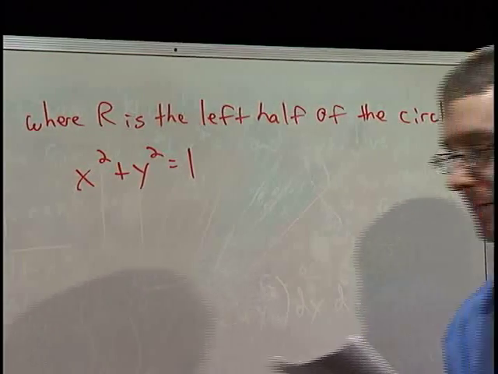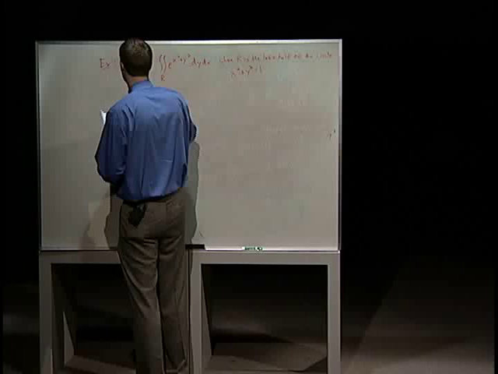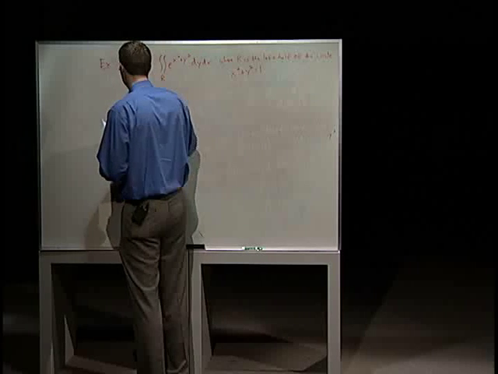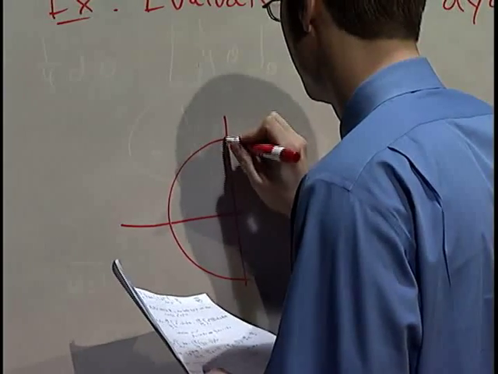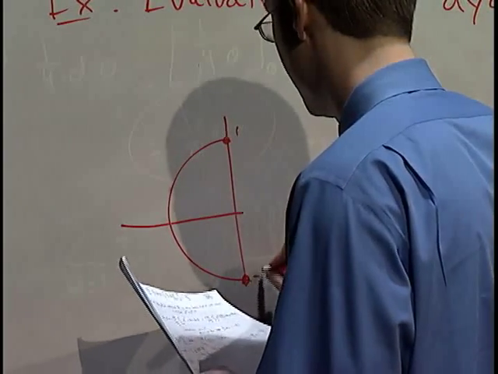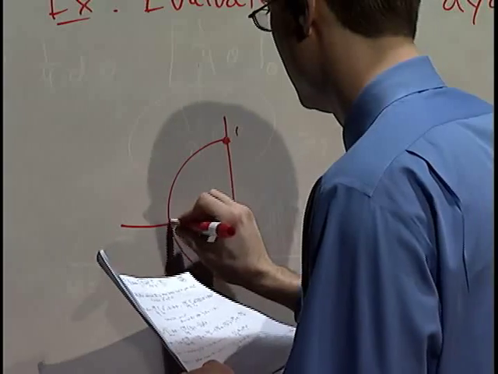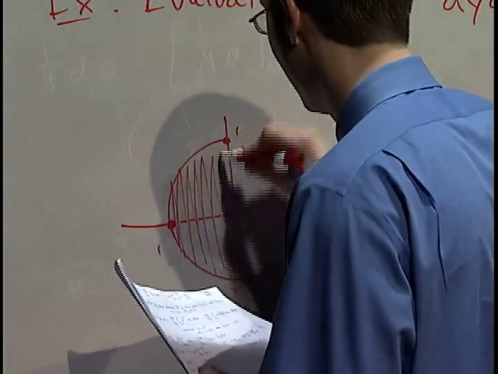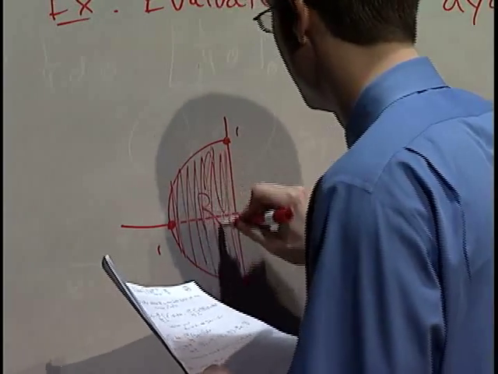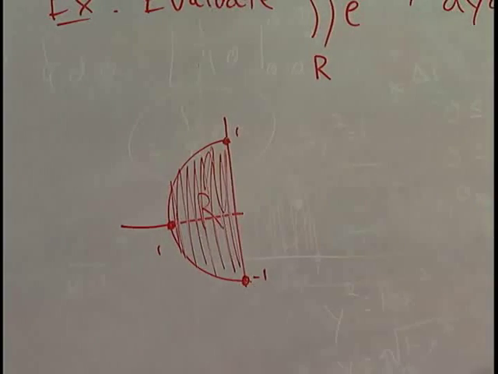Okay. Alrighty, so let's draw our region. All right, so there's +1, there's -1, there's +1. Inside that left half, that's our region R.